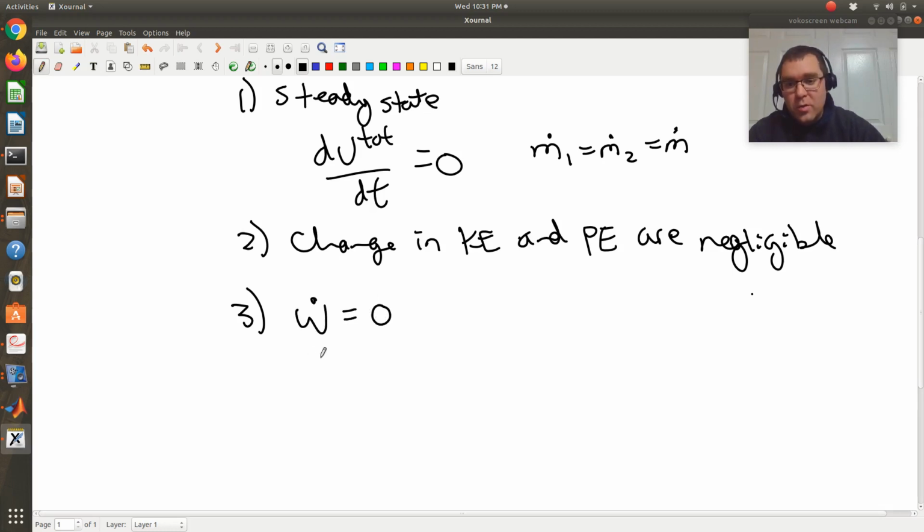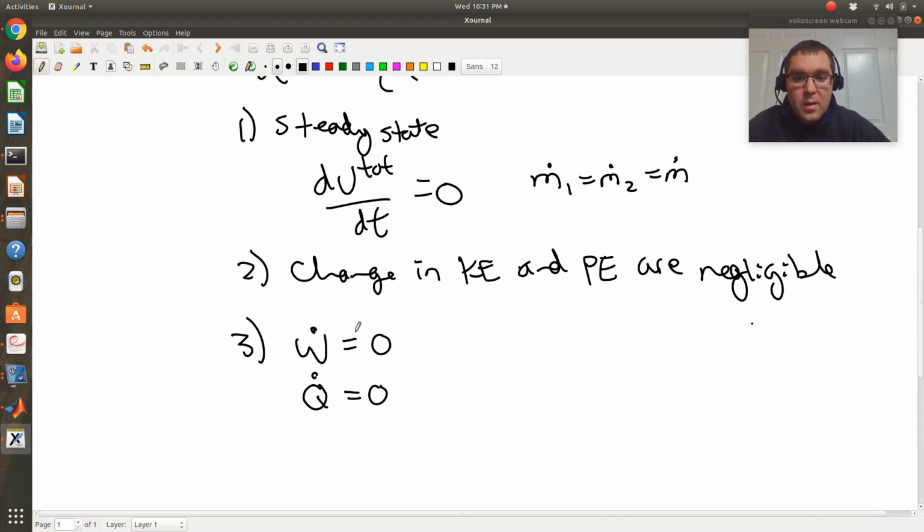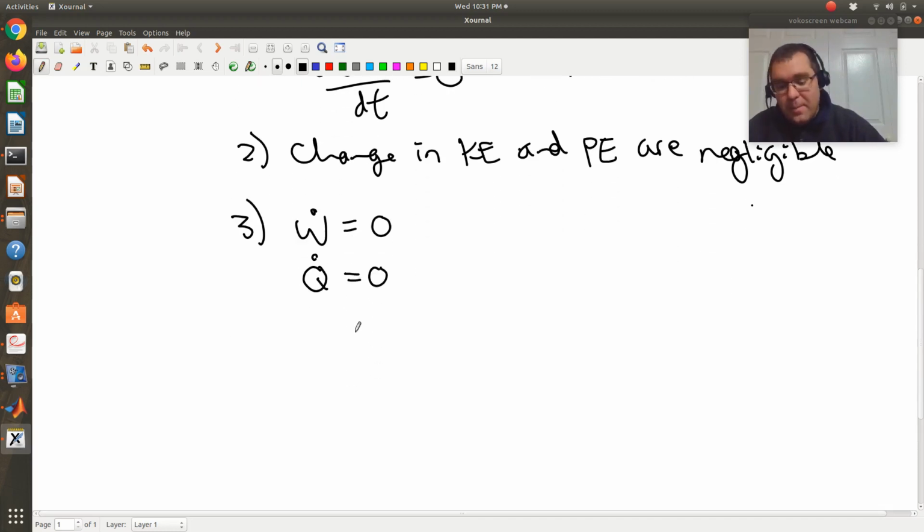And two, I'm going to assume that it's adiabatic, that there's no heat exchange between my system and surroundings. And so when I do that, my first law balance reduces to H2 minus H1 is equal to 0.